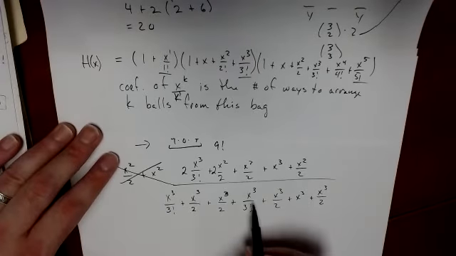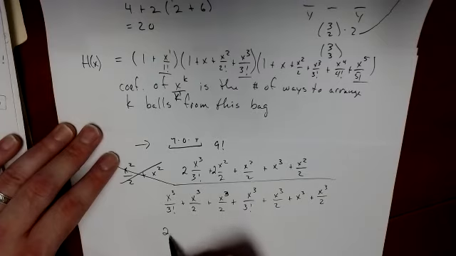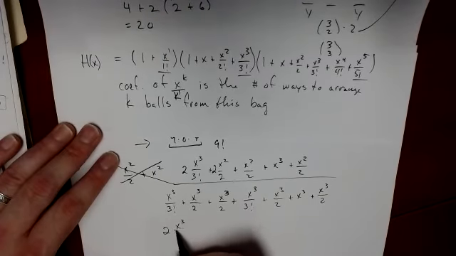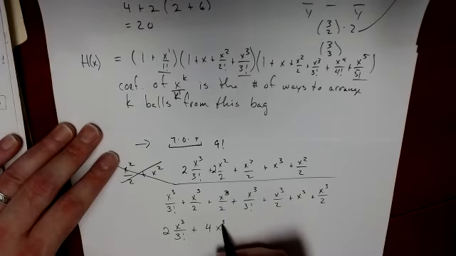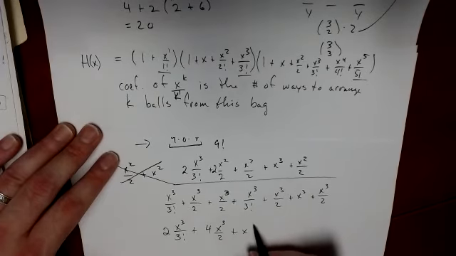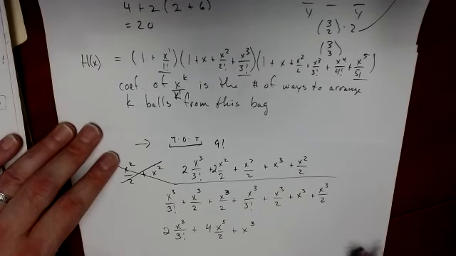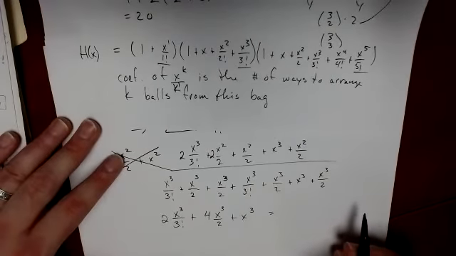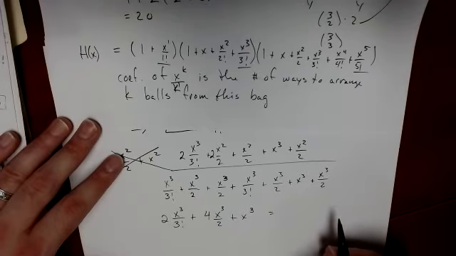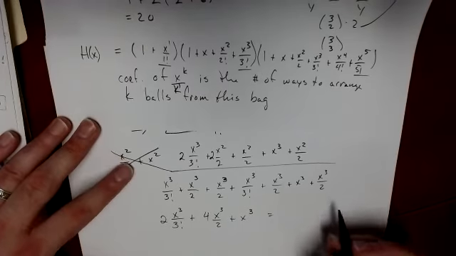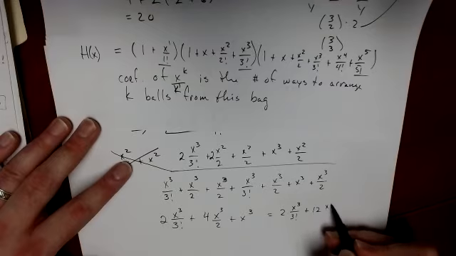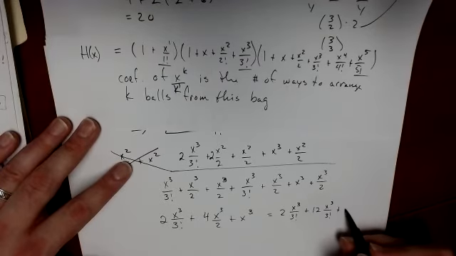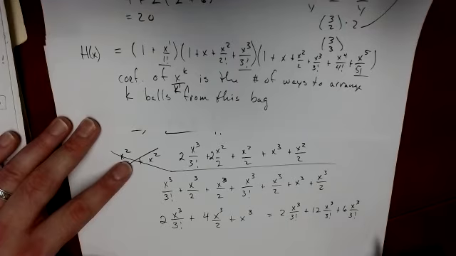So let's see. That's 2x cubed over 3 factorial plus 4x cubed over 2 plus x cubed, which is, we're going to want all of these over 3 factorial, so that's 2x cubed over 3 factorial plus 12x cubed over 3 factorial plus 6x cubed over 3 factorial.